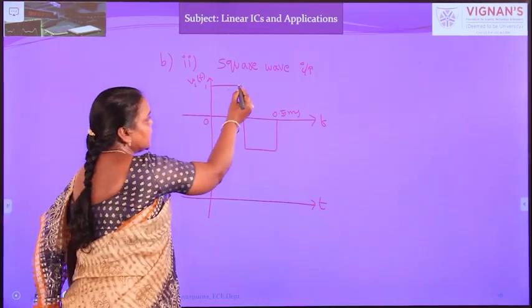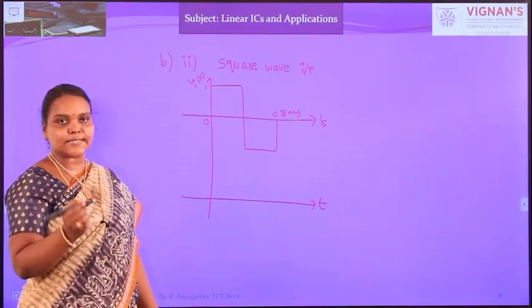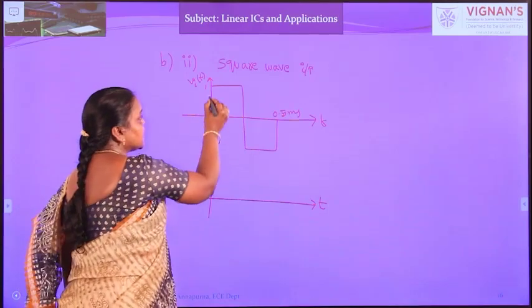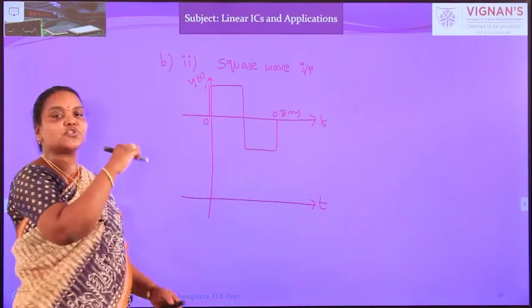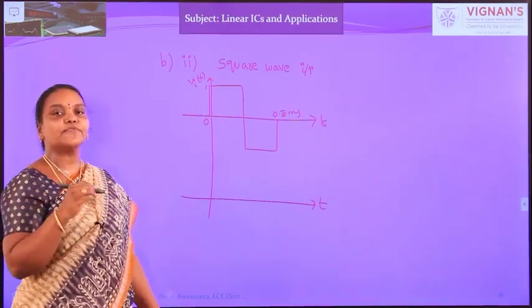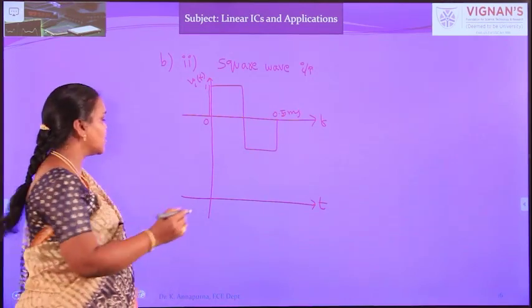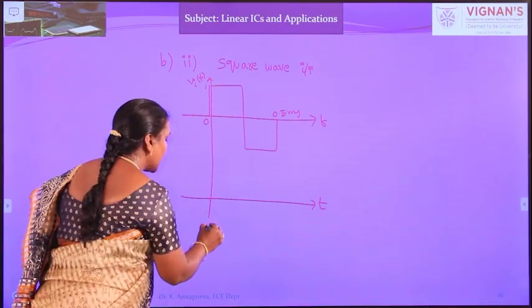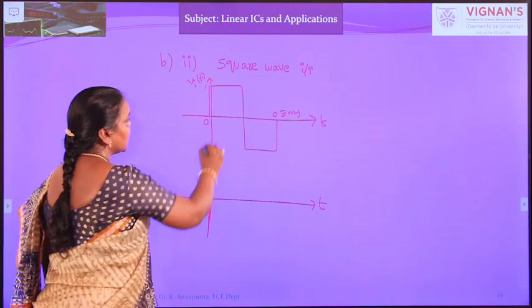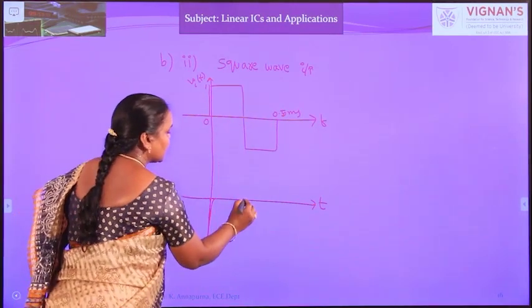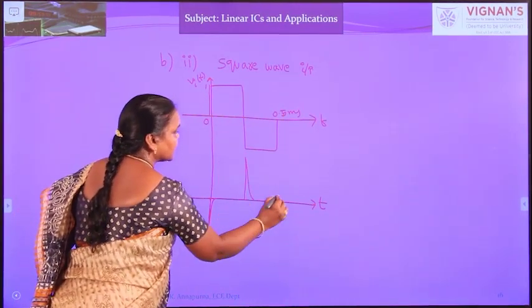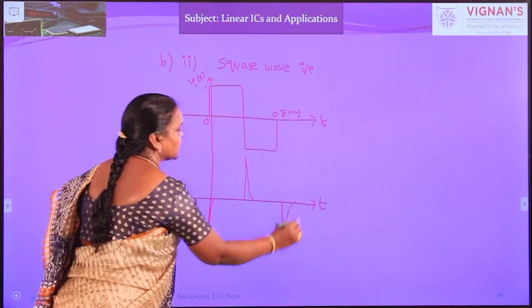When it is constant, the differentiation of constant is 0. But when it is increasing, actually we should have a positive spike, but we are using inverting configuration. So, here we will have a negative spike. Next, here negative going, you will get a positive spike. Here negative spike lines.